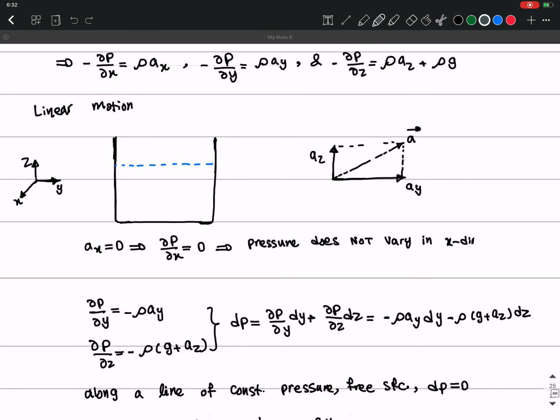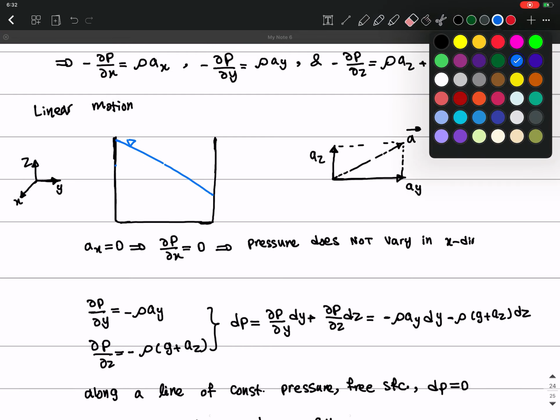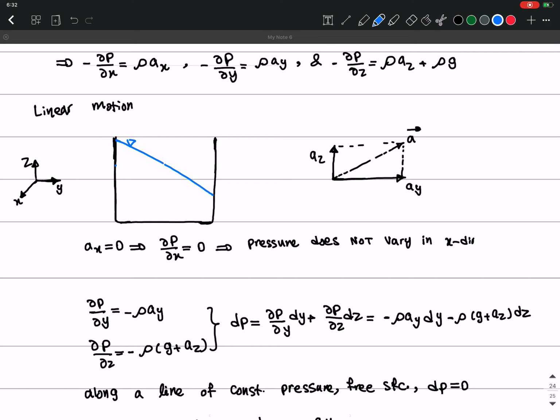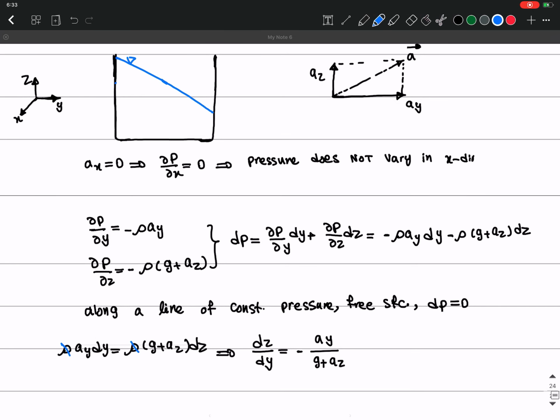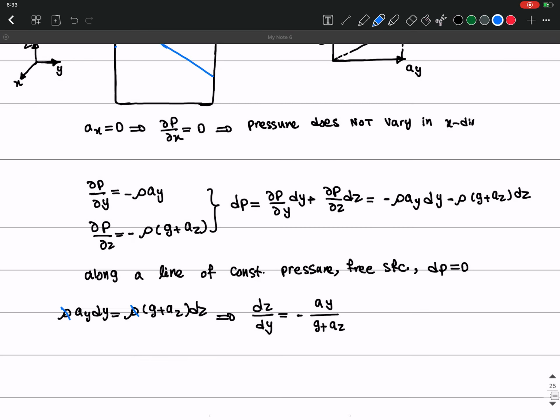You expect it to stand something like this, right? So the water is going to stand something like this.